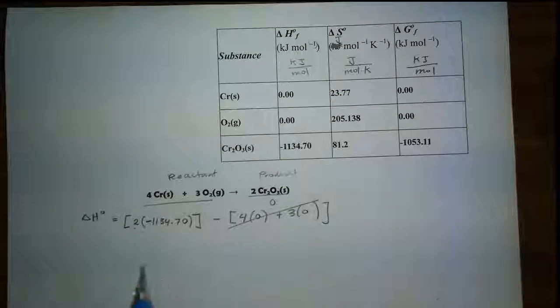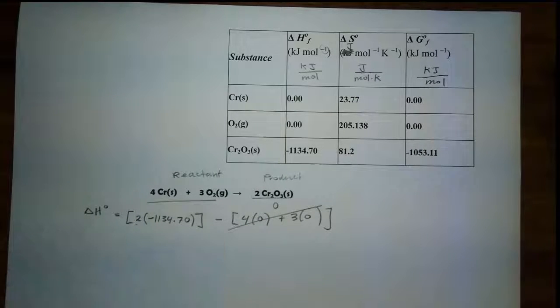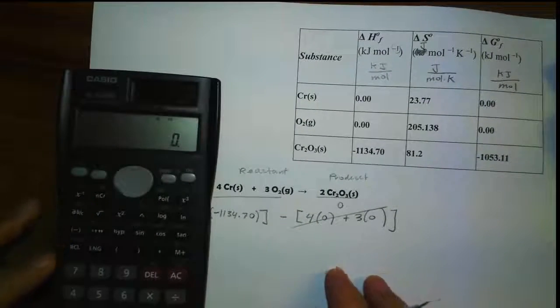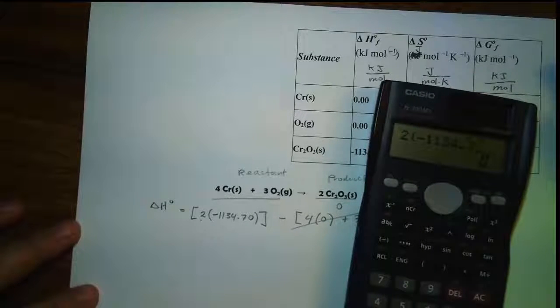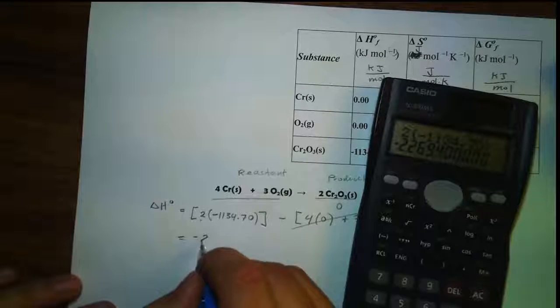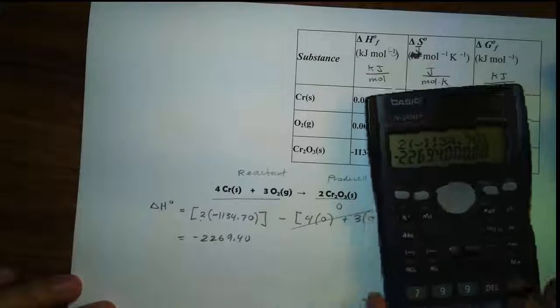So our final answer is pretty much just this part, right? And anything minus 0 will equal itself. So in this case, I just plug into the calculator 2 times negative 1134.70. And then we get our answer equal to negative 2269.40. And what's the unit for it?